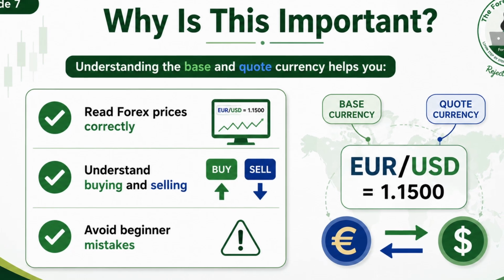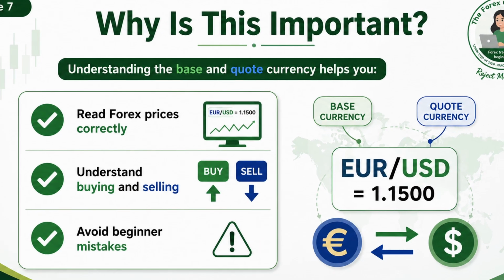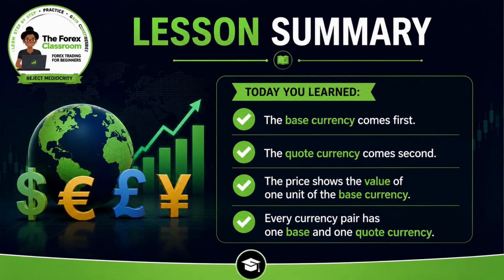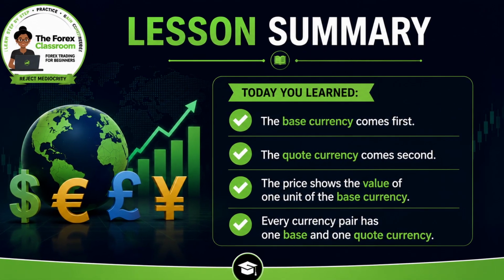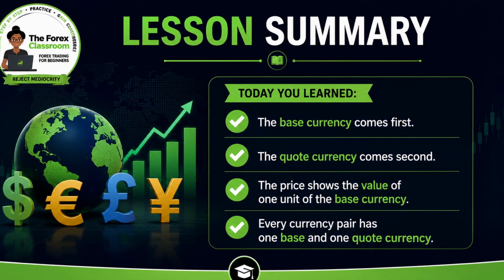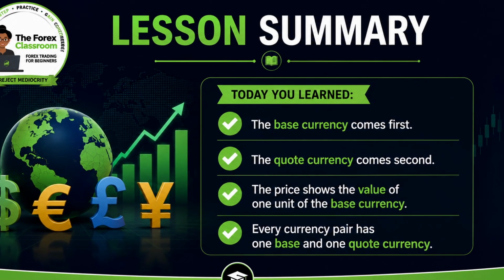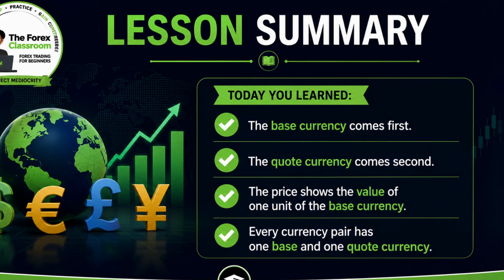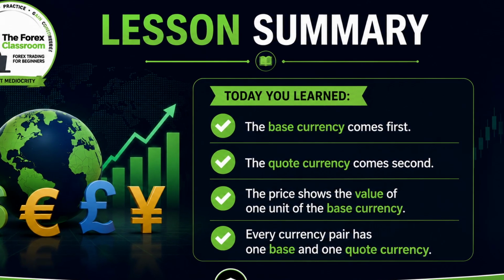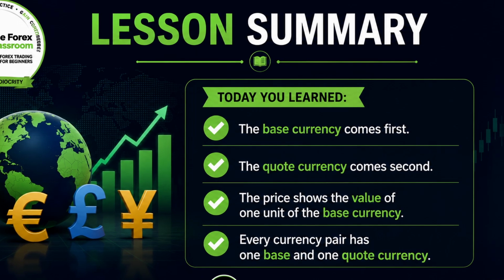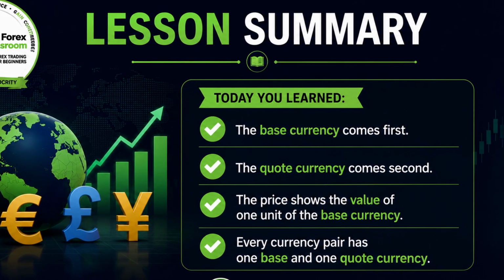Once you understand them, learning how to buy and sell currencies becomes much easier. Today we have learned what a base currency is, what the quote currency is, and how to read forex prices correctly, and that the base currency always comes first, while the quote currency always comes second in every currency pair.